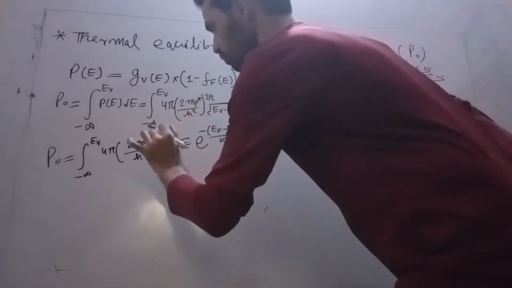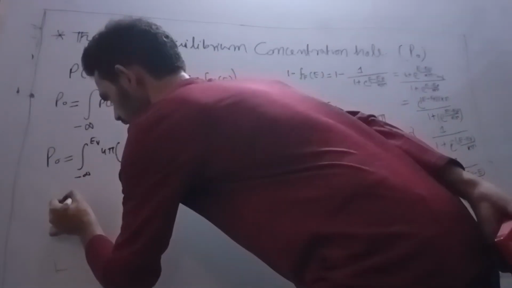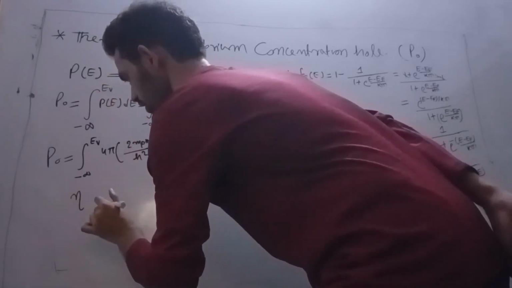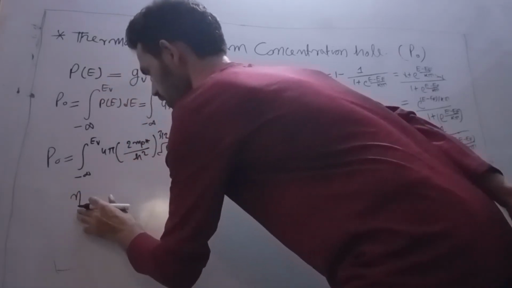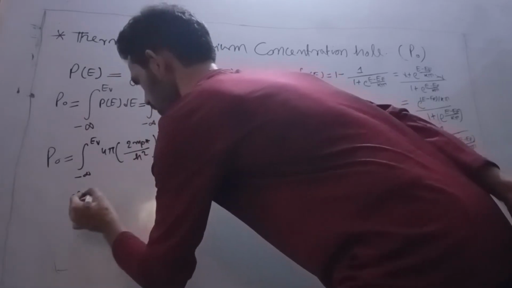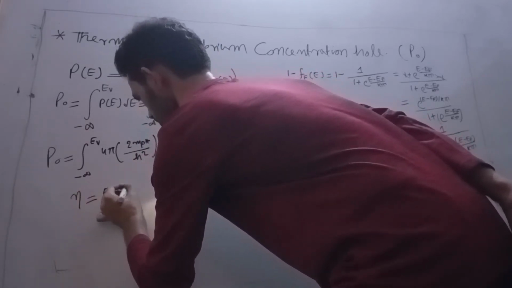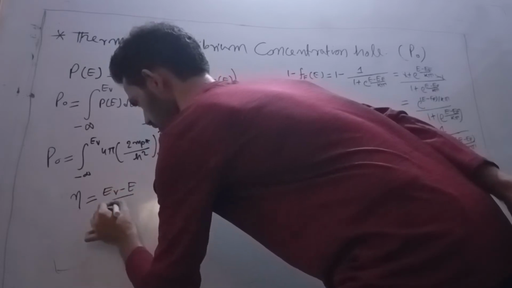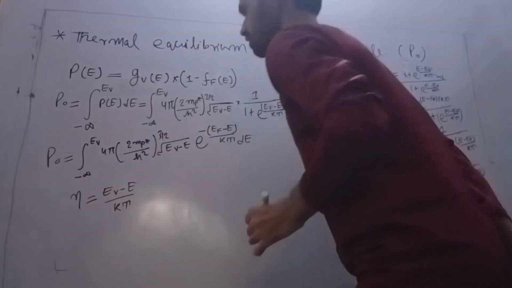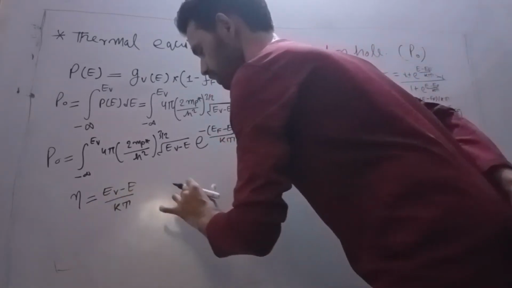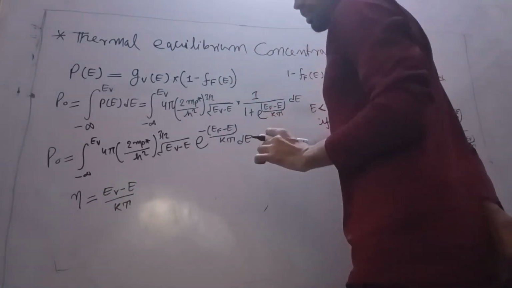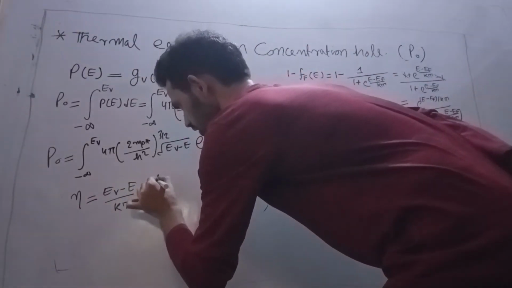Okay, so now we are going to put the value of eta. Let us put eta equal to (Ev minus E) by kT.